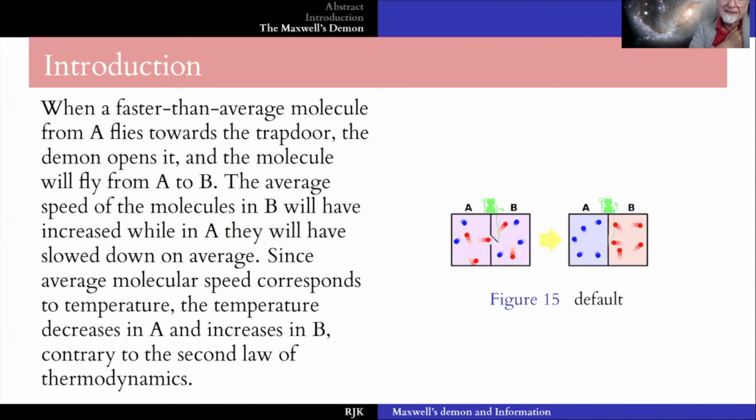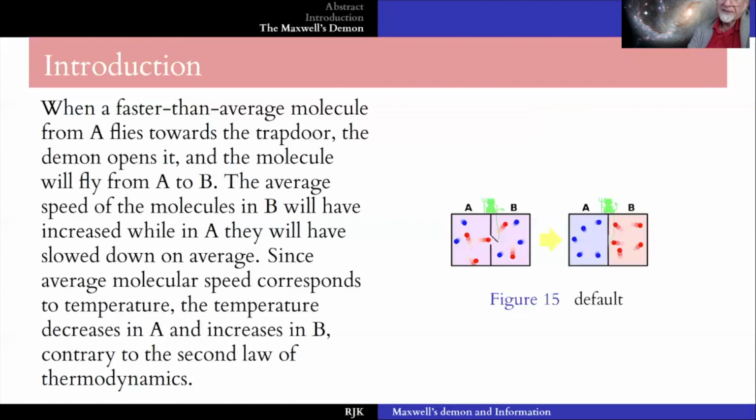So it's a Gedanken experiment, how you would do a physical process that requires somebody who's amazingly able to take a look at the velocity of every one, notice when one was coming towards the trap door, and if it was coming in one direction, open it and let it in, close it.